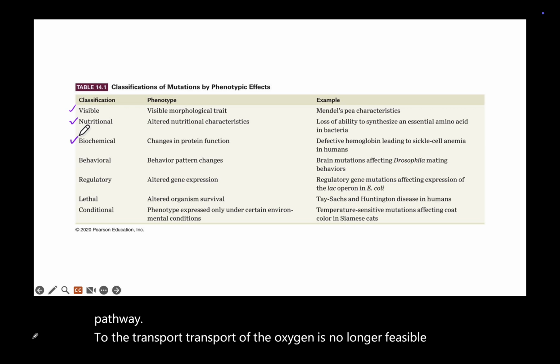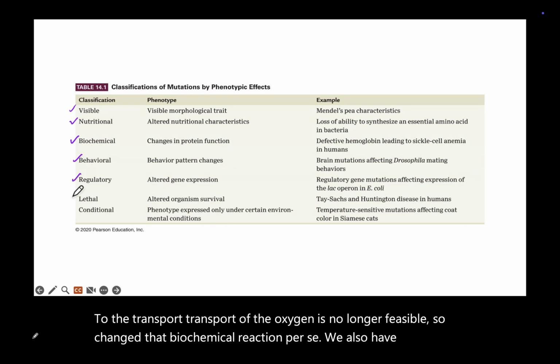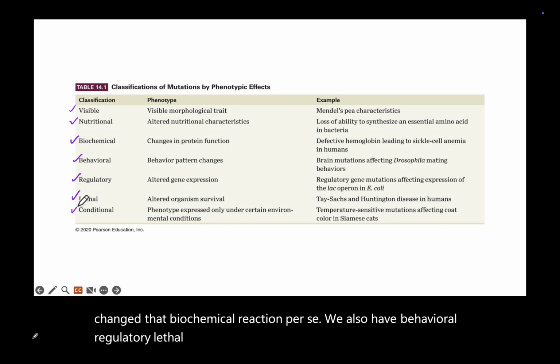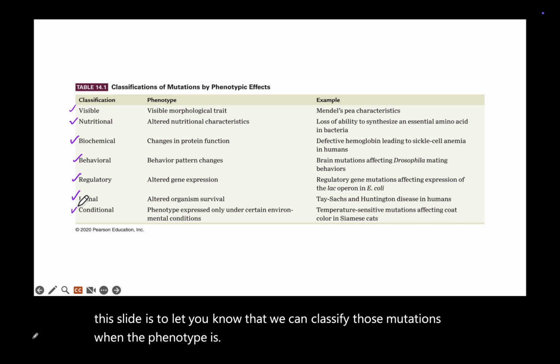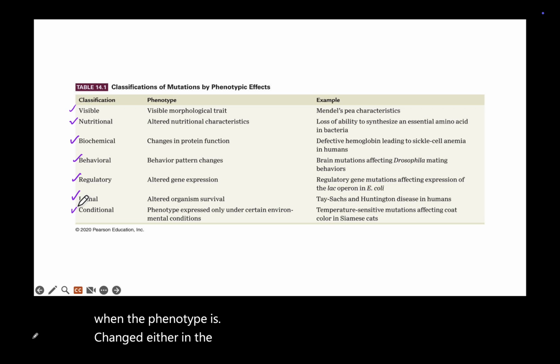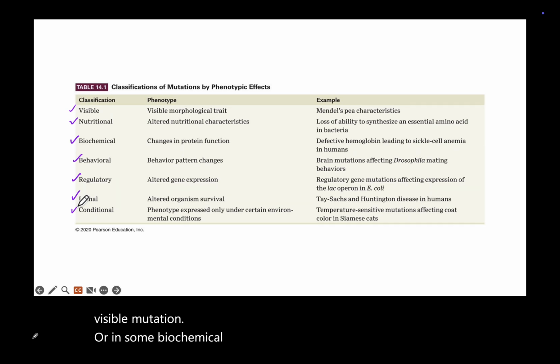So it changed that biochemical reaction per se. We also have behavioral, regulatory, lethal, and conditional mutations. But the point of this slide is to let you know that we can classify those mutations when the phenotype is changed, either in the external appearance, and that would be a visible mutation, or in some biochemical or behavioral aspect of that organism.